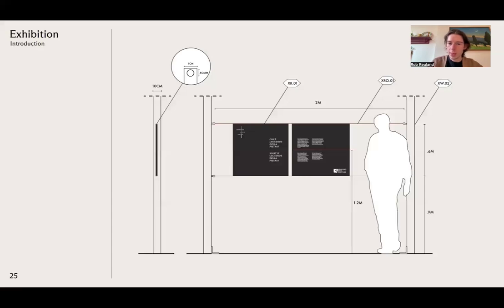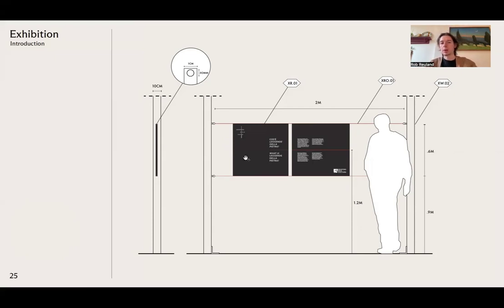But you will also see on the side that these panels, which will serve as the introduction, will introduce this red line, this graphic fil rouge, as well as the way type is going to be implemented, and the sizing of which is going to be such that it is inviting intimacy. It draws you in and gets you close to the wall where the panel is.